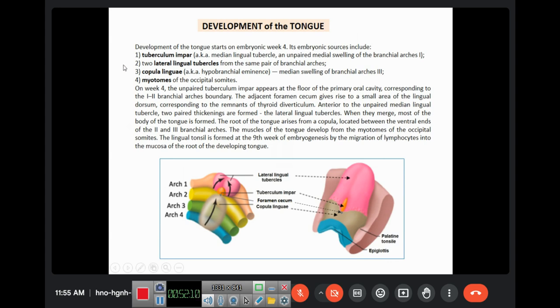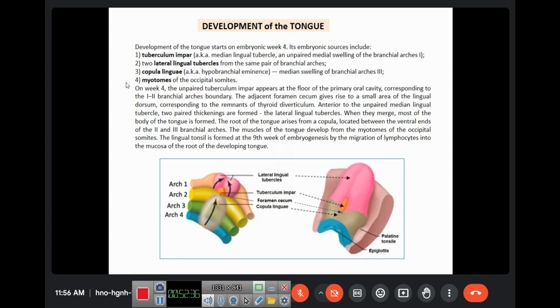Next, two lateral lingual tubercles, they are paired. Next, copula lingua, here it is, and also myotomes of the occipital somites that migrate in this region to form the skeletal muscles of the tongue.